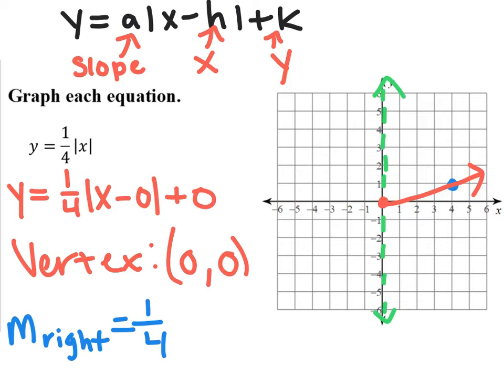Finally, you're going to reflect this to graph the corresponding point. Since I had to move 4 units to the axis of symmetry, I'm going to move 4 units to the other side and draw in the other side of the graph.